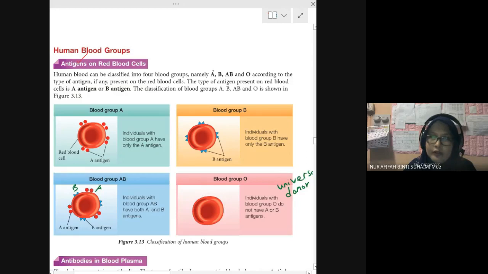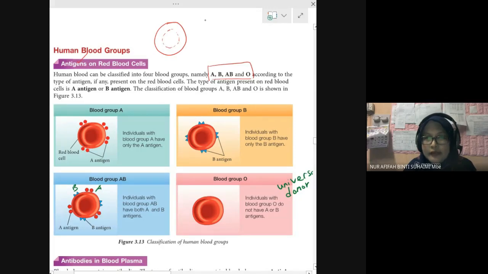Okay, got four: A, B, AB, and O. Not easy to remember. It depends on the antigen that sticks on the surface of the red blood cell. Do you know the shape of the red blood cell? A sphere shape, just like a plate.